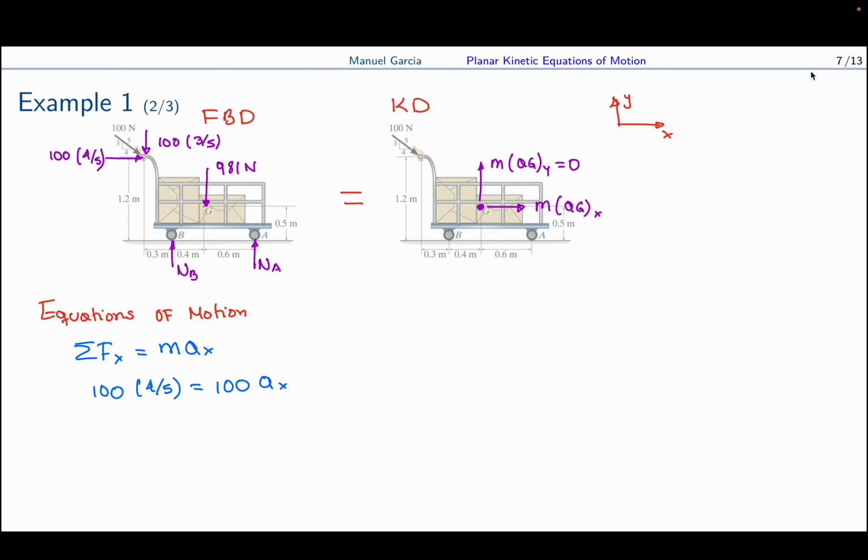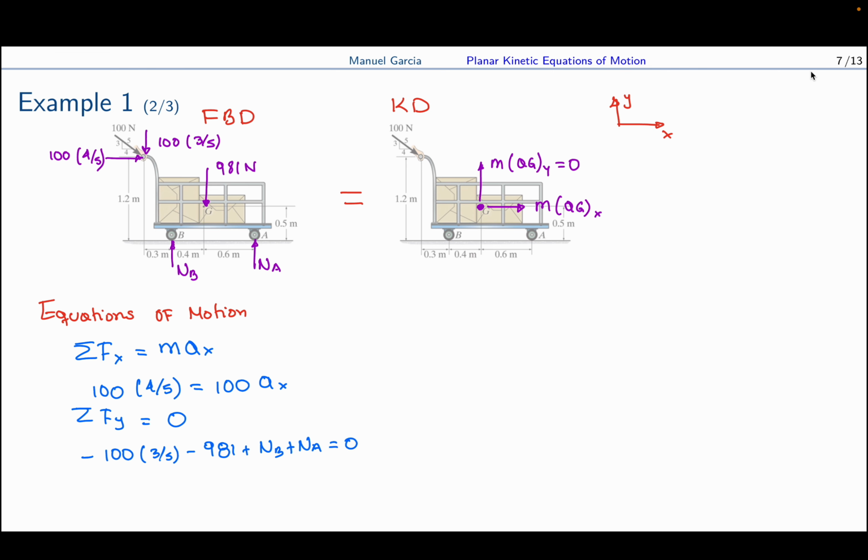The second equation is the sum of the forces in y, which is equal to 0. So in y we have minus 100, the force applied on the handle, multiplied by 3 over 5, minus the weight, 981 newtons, and then we have the two normals, which are pointing up, so they are positive, plus NB plus NA, and that should be equal to 0.